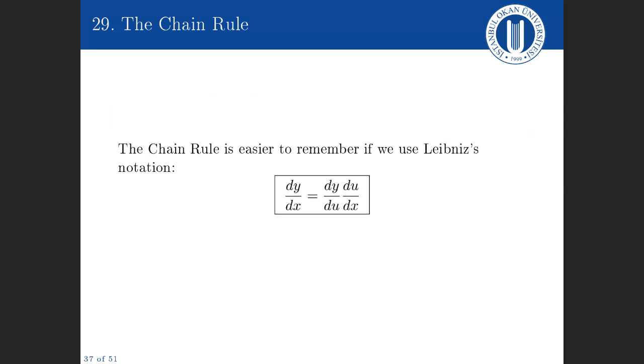Now that might be easier to remember if we use Leibniz's notation. If we use Leibniz's notation, the chain rule says dy/dx is equal to dy/du times du/dx. And this is the notation I like to use because even though dy/du doesn't really mean dy divided by du, we might pretend that it does, and then we can pretend that we can cancel out the du's.